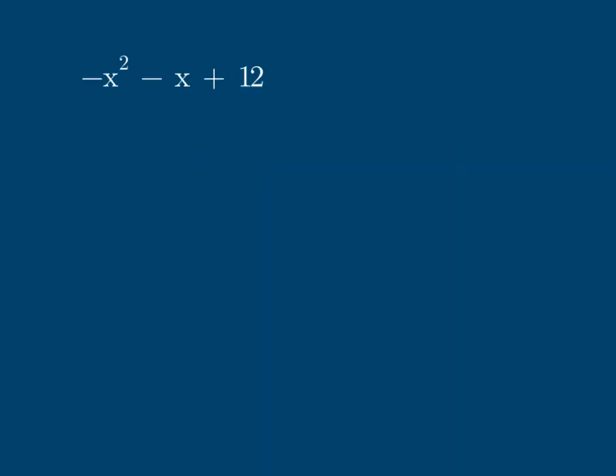In this next example, you can see that we have a negative leading coefficient right here. So remember, we always want to factor out a negative if our leading coefficient is negative. So we're going to start by factoring out that negative, which is going to change the sign on every term in the trinomial.